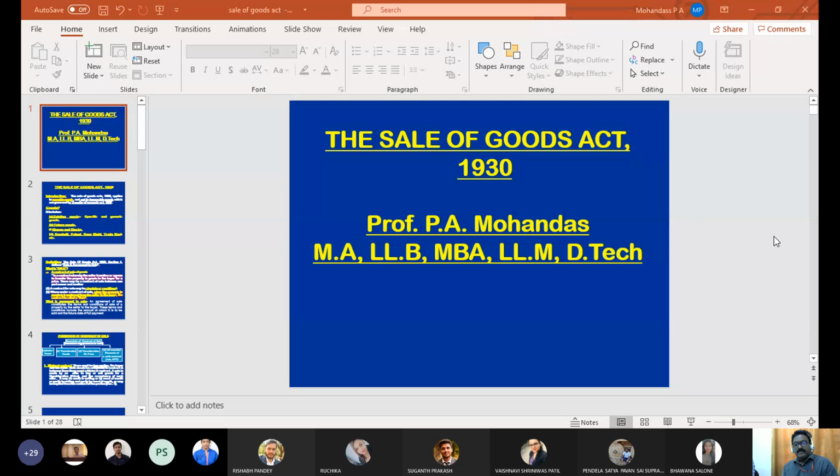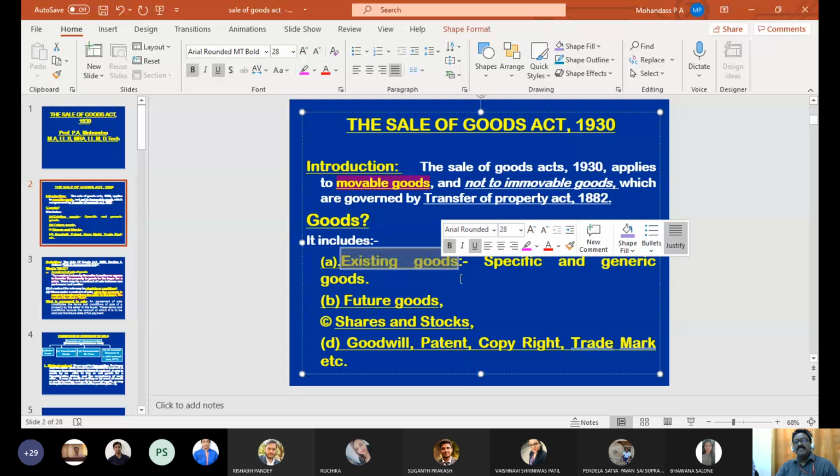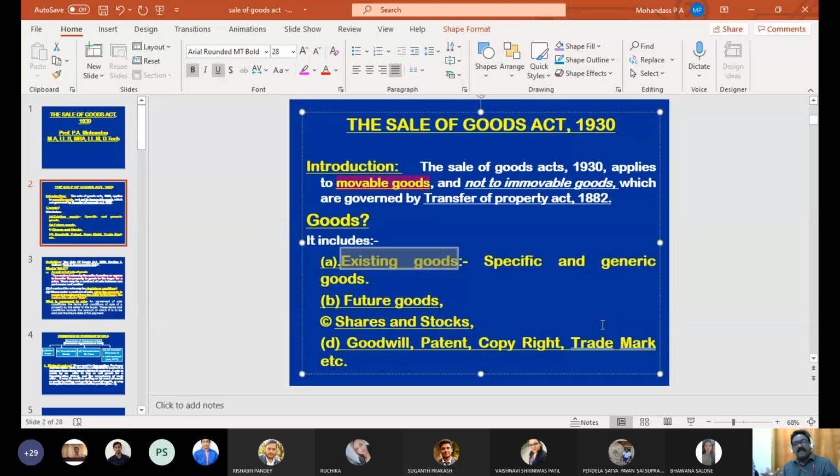So this act, the Sale of Goods Act 1930, is concerned with the contract of sale of movable goods. When I say movable goods, it can be any goods which are existing. Existing goods means those already manufactured by some company or factory.